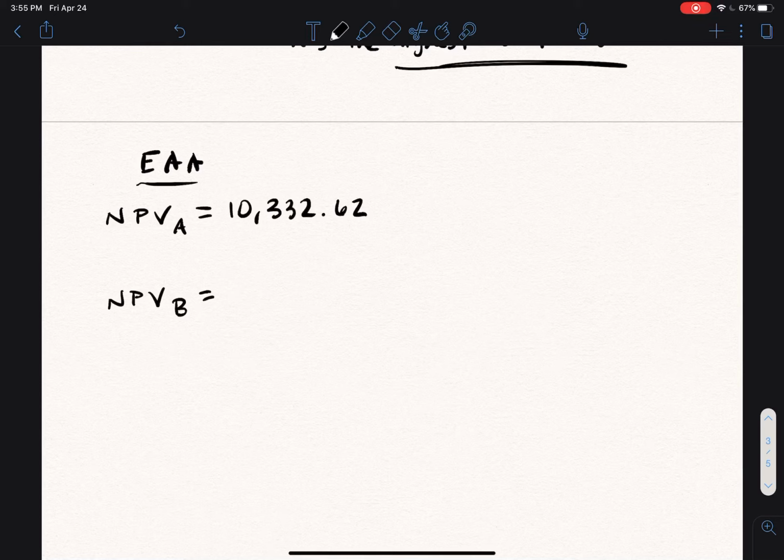And the second one is, let's see here, 8,367.21. And I have to pull up a formula because we haven't used this formula since earlier in the semester.